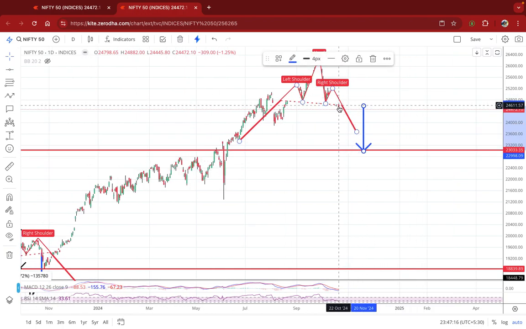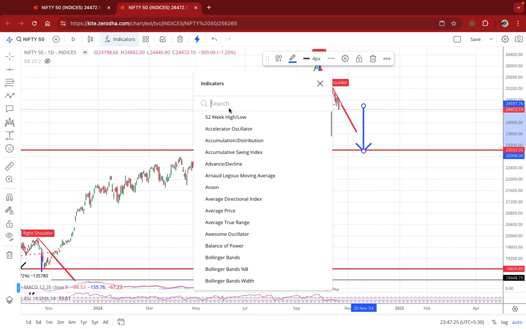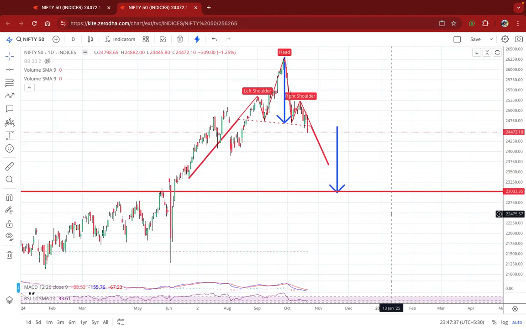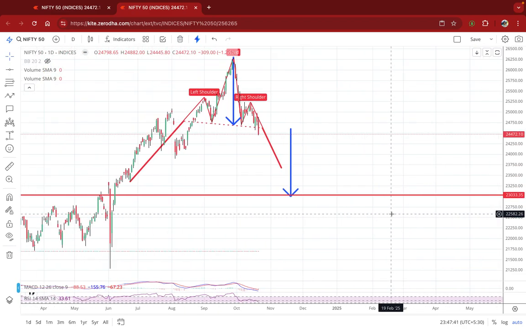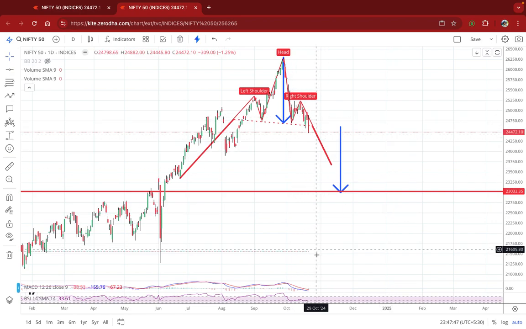This candle is a pretty big bearish candle, and if I see the volumes here, I will not get the volume for Nifty, maybe, not for the Nifty chart. But then, this is a very decisive kind of breach which has happened here of the neckline.